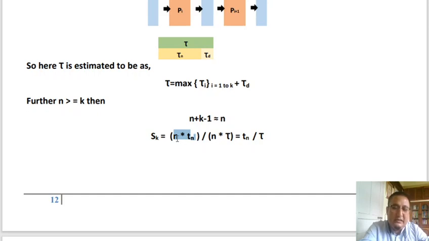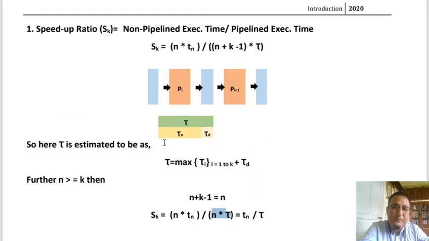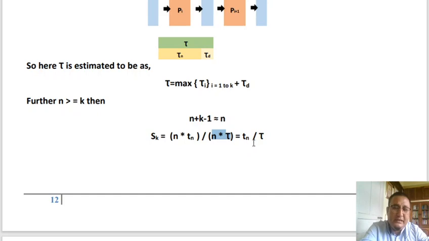This is the execution of n instructions in a non-pipeline architecture, n into tau n. Here n plus k minus 1 is being replaced by n, so n into tau. So n cancels each other, and the speed up ratio can be expressed as tau n by tau.